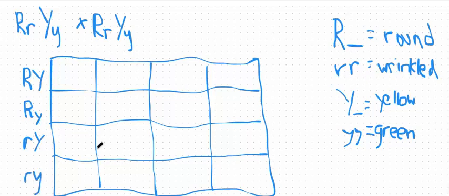We just looked at that. That's because of the segregation of alleles into gametes and also the independent assortment of chromosomes in meiosis.